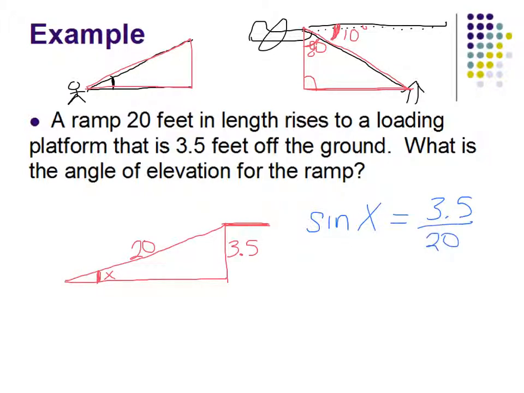In my calculator, I need to get rid of this sine, so I'm going to do inverse sine of 3.5 divided by 20, close the parenthesis, and I have an angle measurement of 10.08 degrees. So it's pretty close to a 10-degree angle for that angle of elevation.